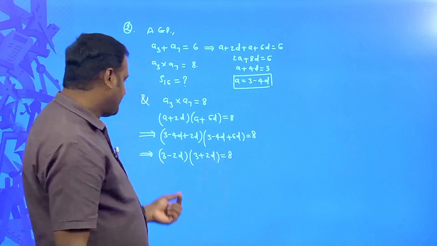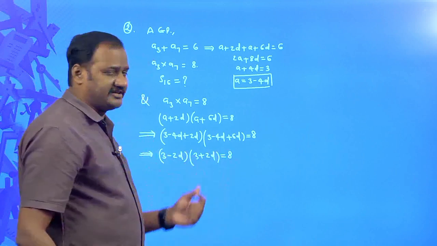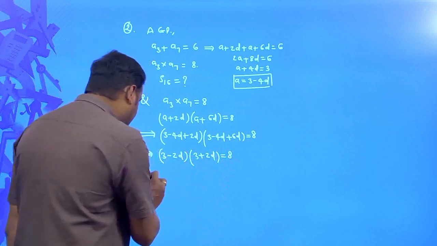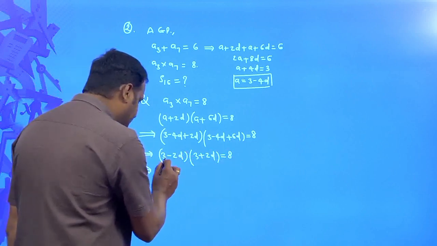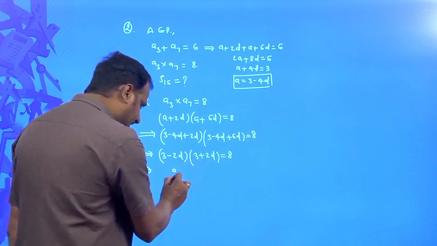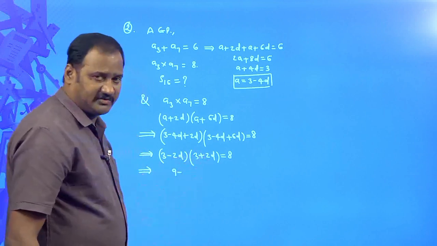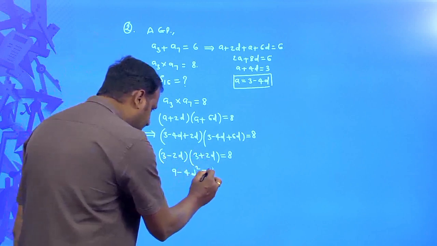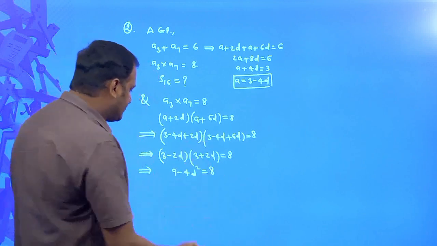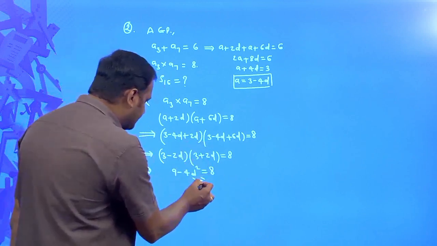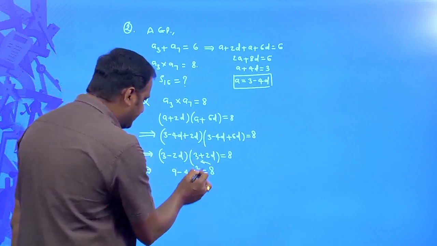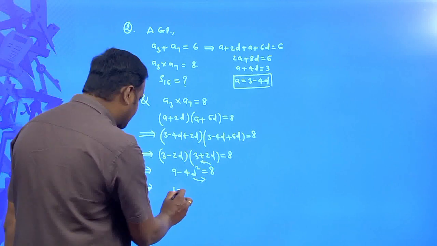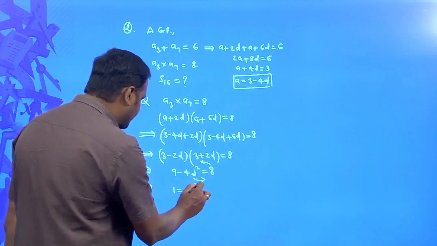Once you see here, this is in the form of (A minus B) into (A plus B), which is going to be A square minus B square. A is equal to 3, 3 square is equal to 9, minus 2d whole square, which is 4d square, is equal to 8. So, transpose 4d square to the right hand side and 8 to the left hand side, then it becomes 9 minus 8, which is 1, is equal to 4d square.